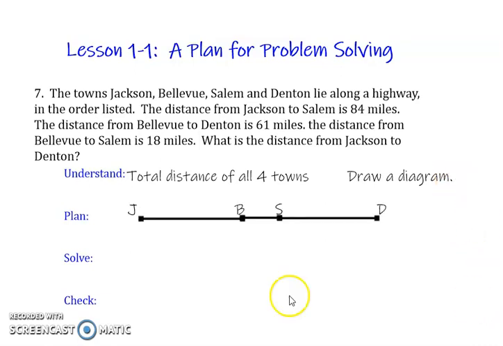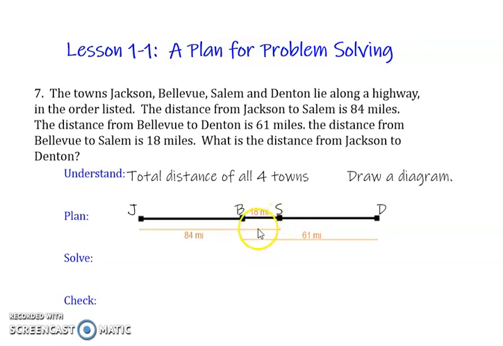Okay, so here's a road. Jackson, Bellevue, Salem, Denton. So now I write down all the values that they provided. 84 miles from Jackson to Salem, 61 miles from Bellevue to Denton, and finally 18 miles from Bellevue to Salem. So there's this 18-mile stretch that's doubled on these two.